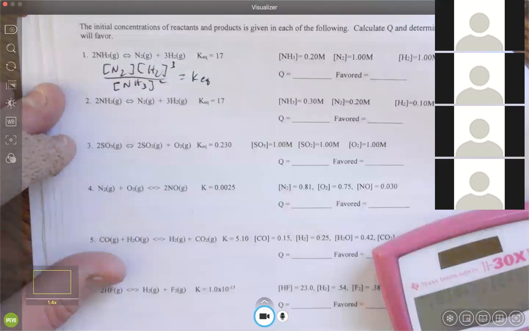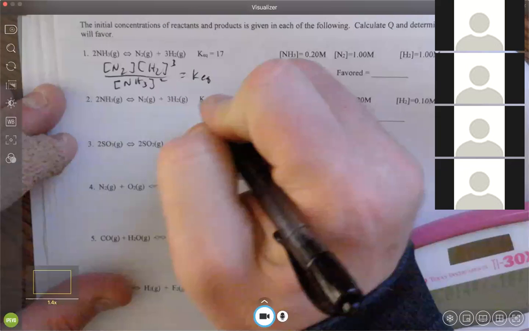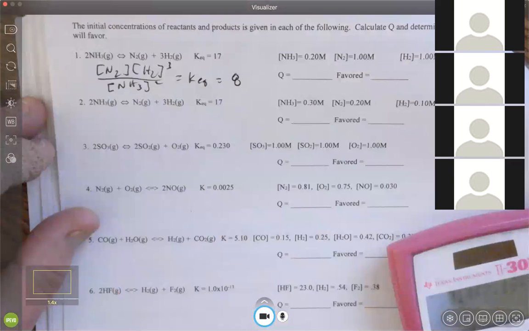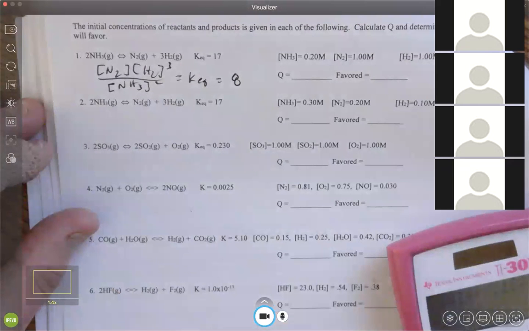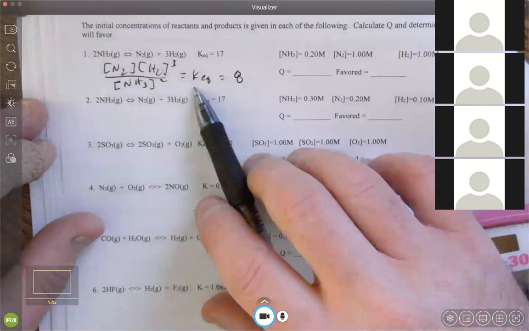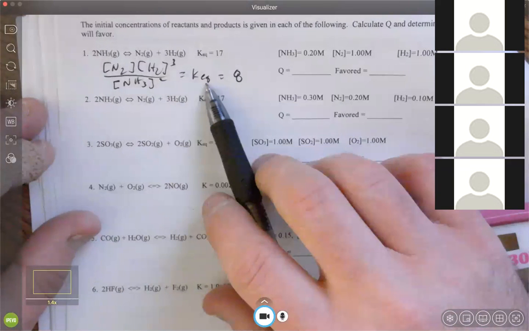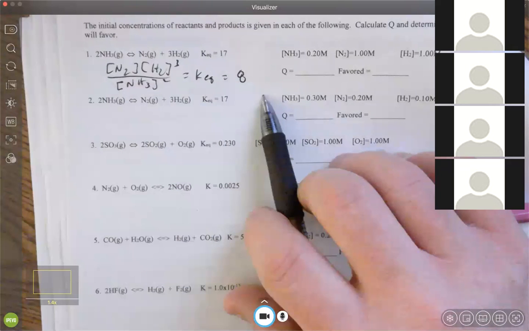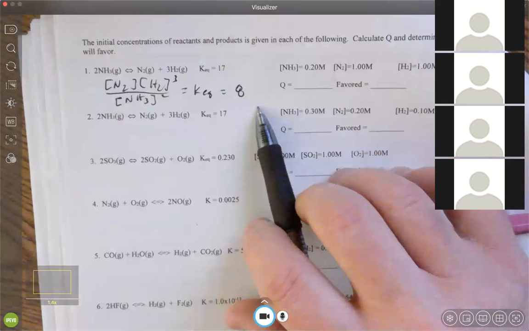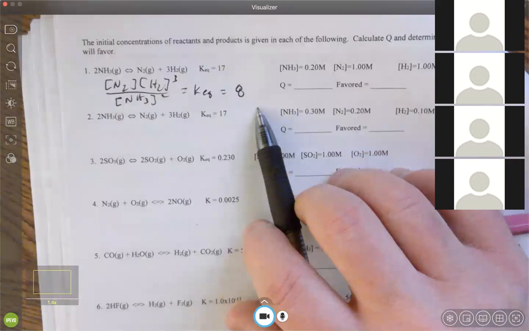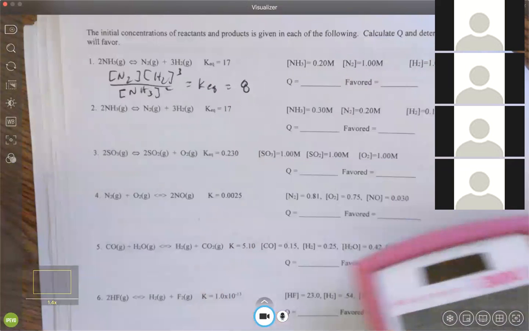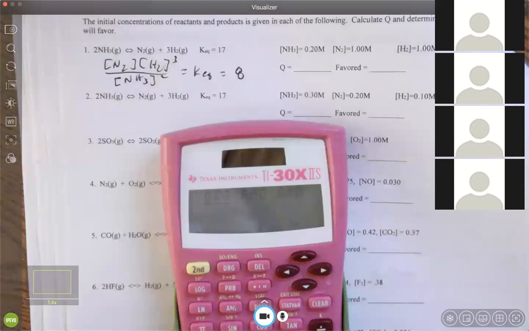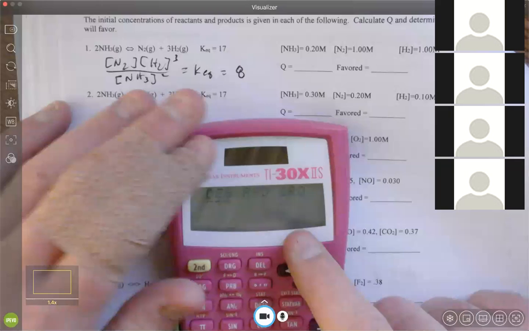So that equals K sub eq, which in reality equals Q. They're found the same way, because Q is like K sub eq, but K sub eq is at equilibrium. Q may not necessarily be at equilibrium, and that's what we're trying to figure out with this. So I think we can just punch these into the calculator. I want to make sure everything's either aqueous or gas for that.